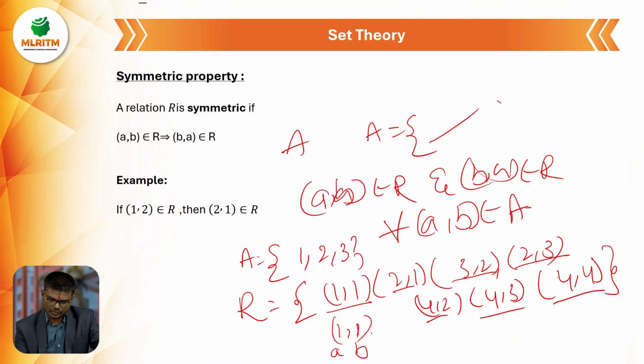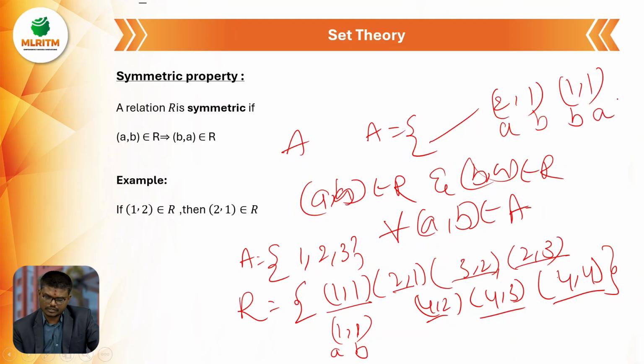The next pair is 2 comma 1, where 2 is from the first set, that is a, and 1 is from the second set, that is b, and we have to choose the next pair starting with the b element. So 1 comma 1, b comma a. So a comma b means 2 comma a.